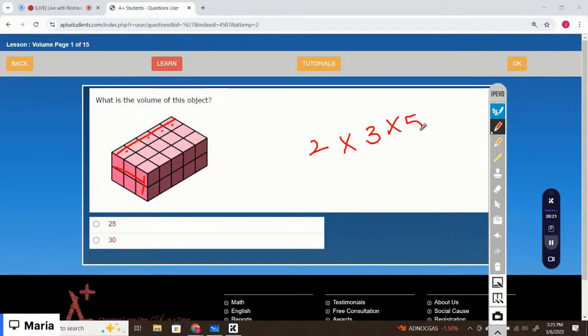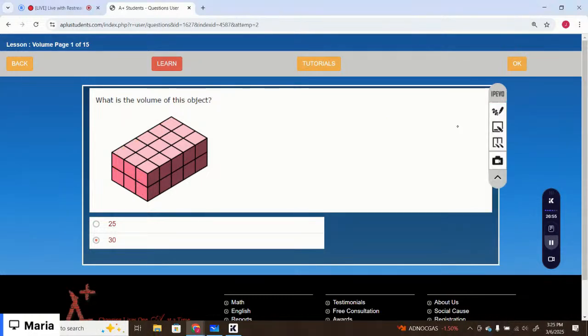So which is the correct option? That is 30. Option number 2 is the correct option.